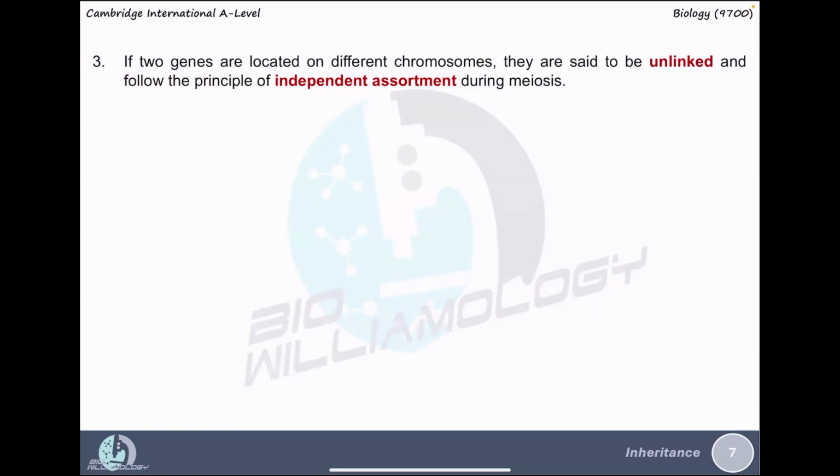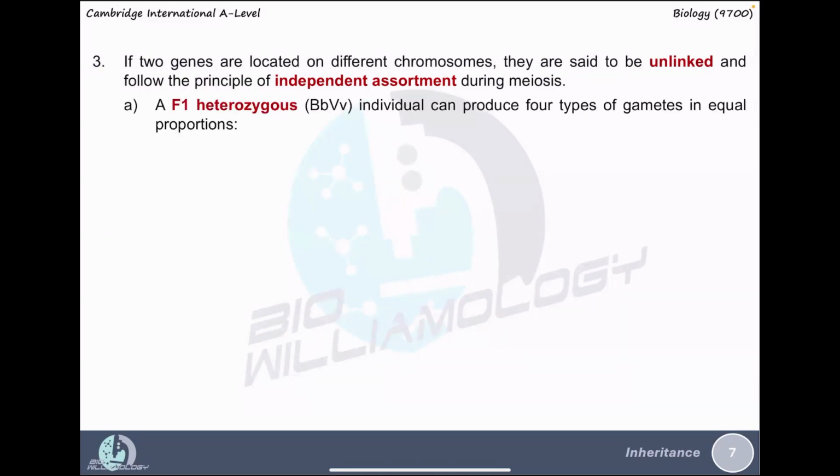metaphase 1. So the F1 heterozygous individual can produce 4 types of gametes in equal proportion: dominant B dominant V, dominant B recessive V, recessive B dominant V, and recessive for both B and V. And these allele combinations will occur in equal proportions.